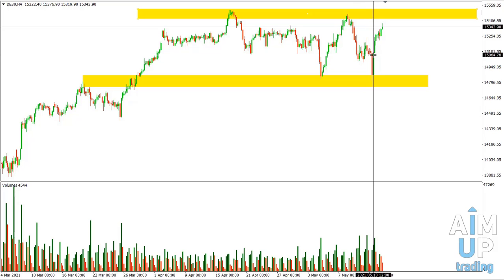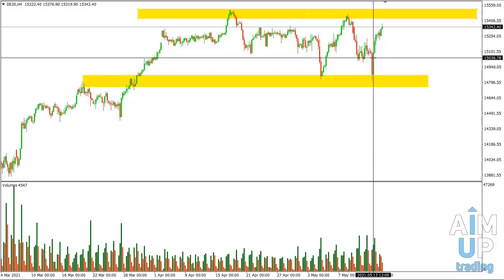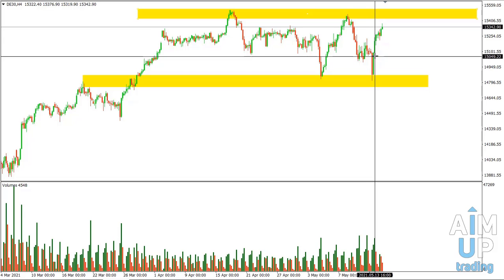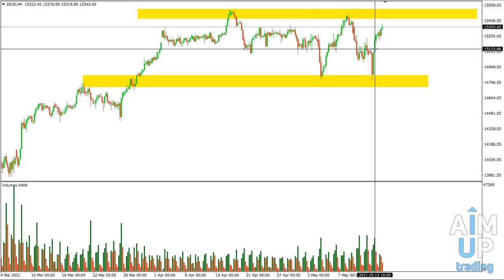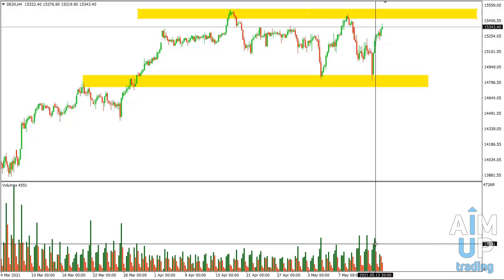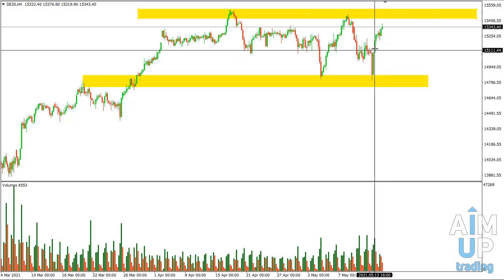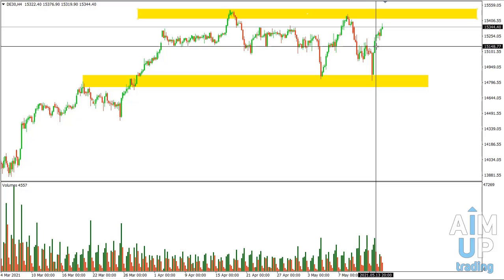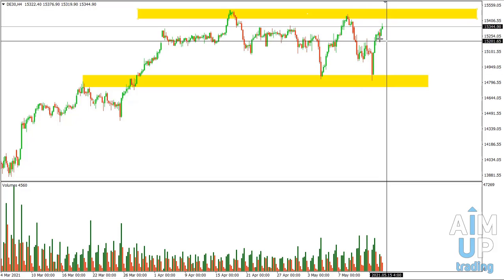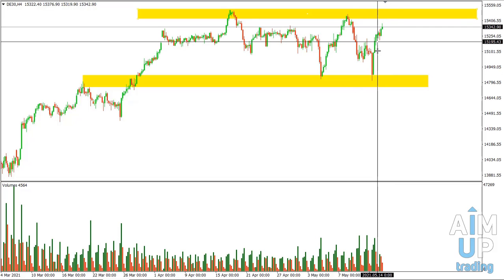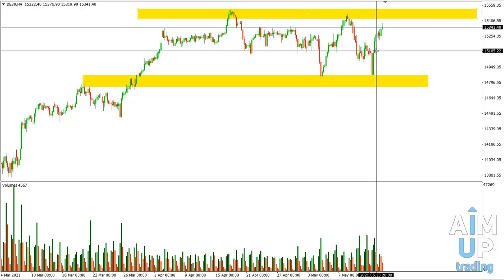It fails to break and make a higher high, and then you can see here exactly where we look at those big bullish and bearish candles. You can see the volume indicator as well, how it shows us that the red bars are getting smaller, and the bullish candles, the green ones, are getting bigger.